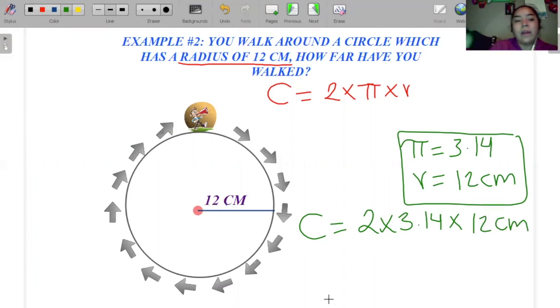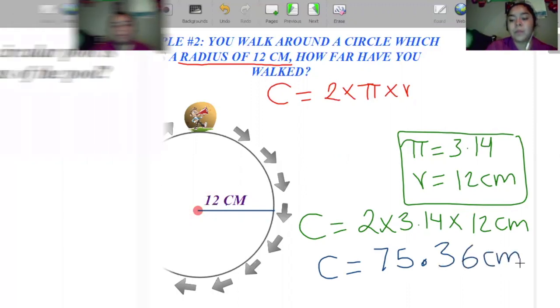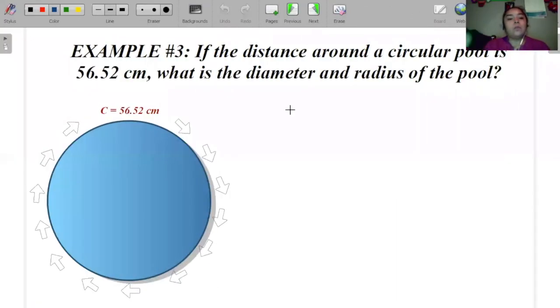So our final answer is C is equal to 2 times 3.14 times 12, which is 75.36 centimeters.